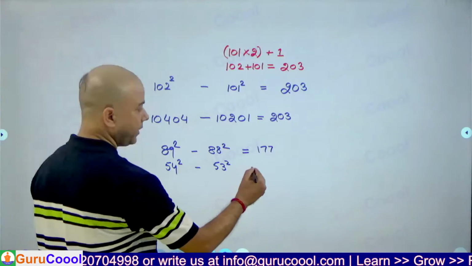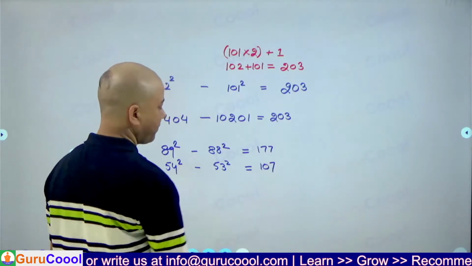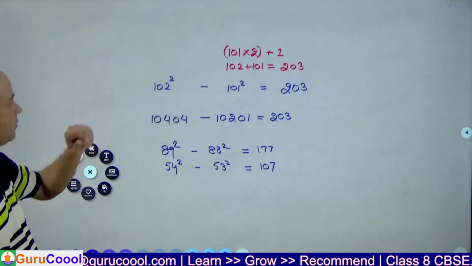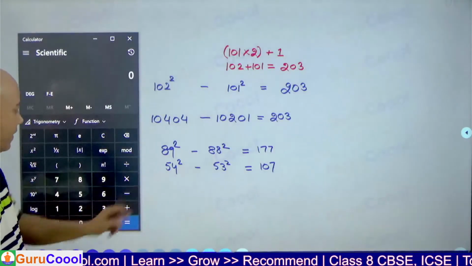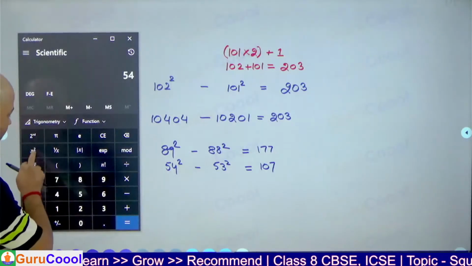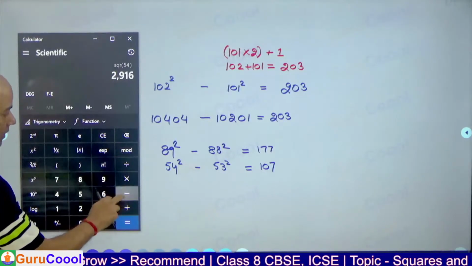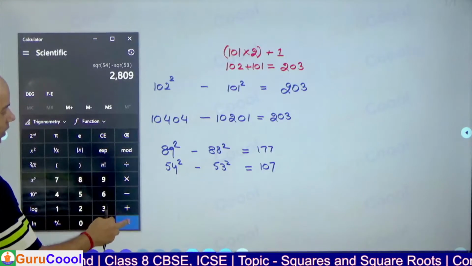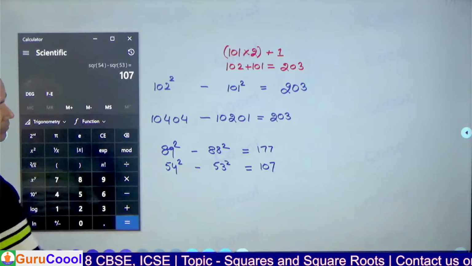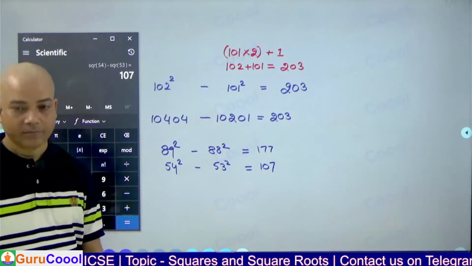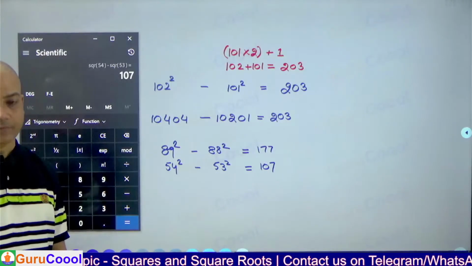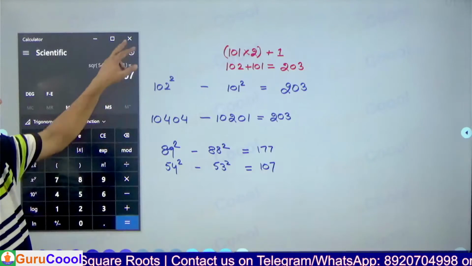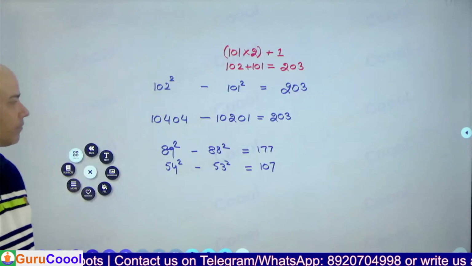My answer is ready. Now you want to check? Of course, check. 54 square minus 53 square equals 107. Is that a good idea? Yes, sir.